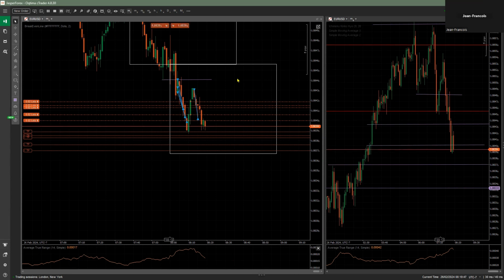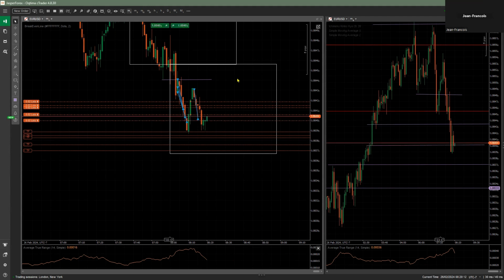At the bottom of the hour, we would expect a pullback of sorts. At 10:30 a.m. Eastern Time, we get Dallas Fed Manufacturing Business Index, forecast minus 14 on the prior minus 27.4.